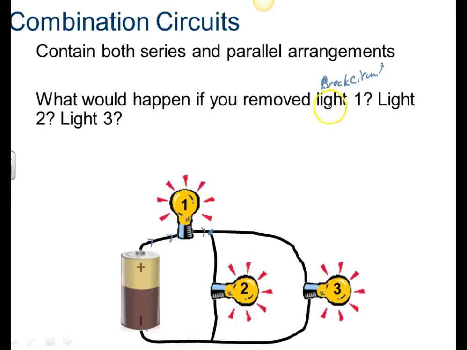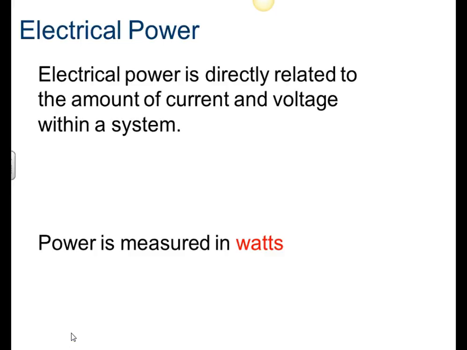Nothing would light. If you removed light 2 or light 3, if you remove light 2, then current can go through in this direction and actually make it through by going through light bulb 3 and make it all the way back to the battery. Same thing if you were to take 3 out. If you take 3 out, then the current can go through light bulb 2 to make it through.